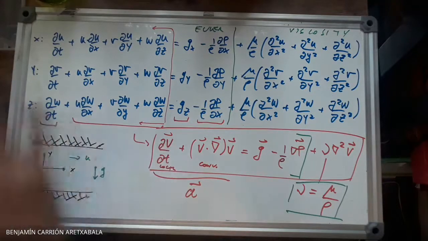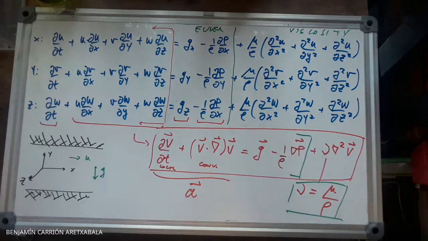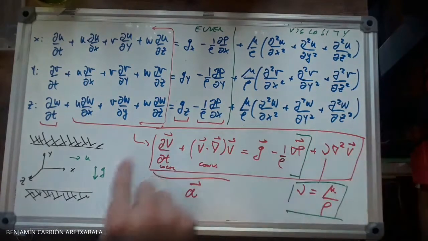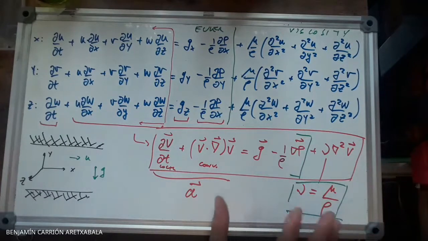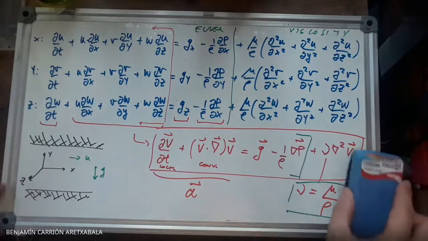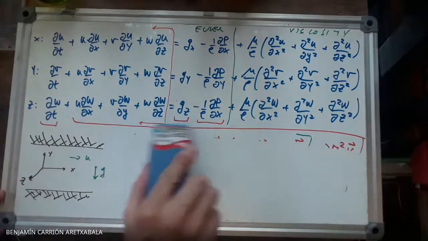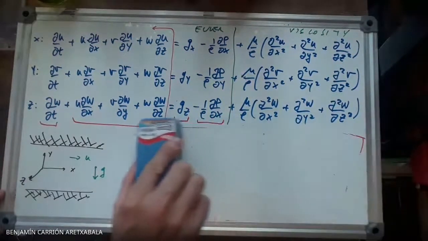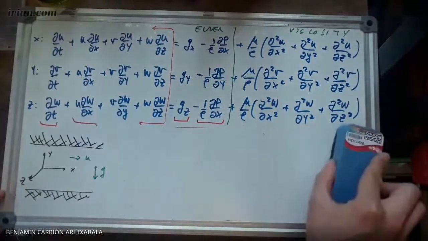I just took the time to write them down, and I think the vectorial form is pretty elegant. It's a pretty short way to represent very complex phenomena. I'm going to delete it though, because it's elegant, but it's not very useful to what we want to do now.